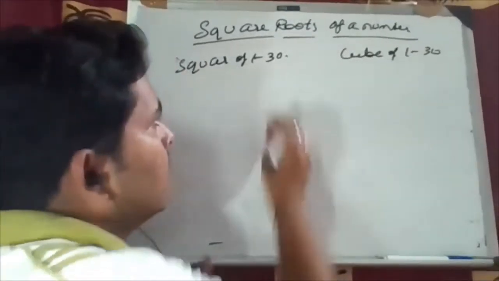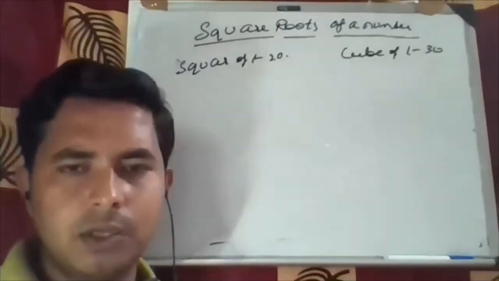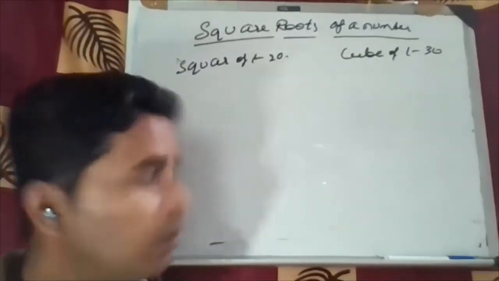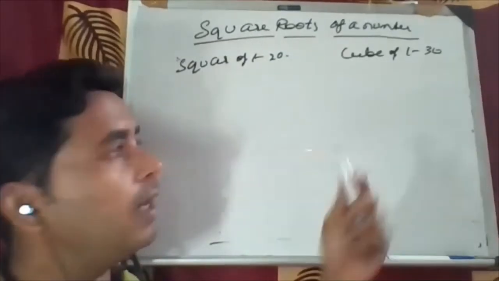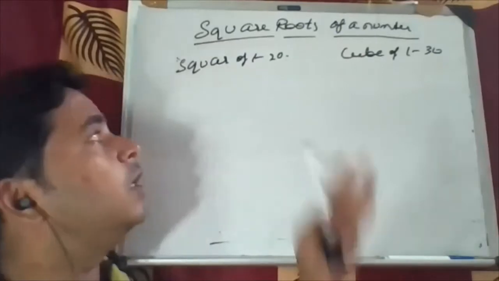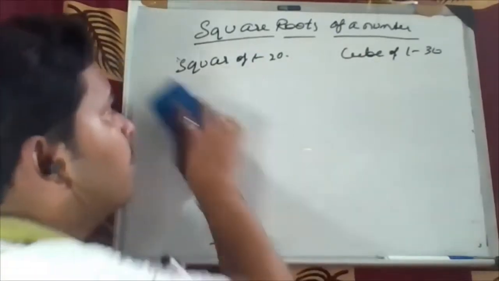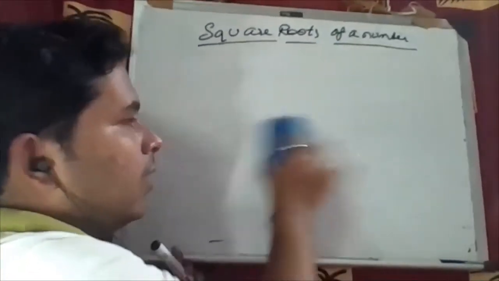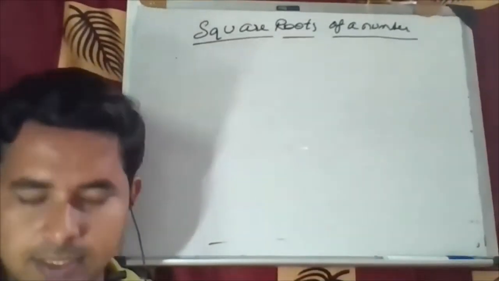If you say 30 is too much, then you should remember at least 20. Then only will it become easy to apply the tricks. Otherwise you have to add one more trick to find these numbers. You should be in a position that whenever we ask the square of a number from 1 to 20, you can answer at any time.